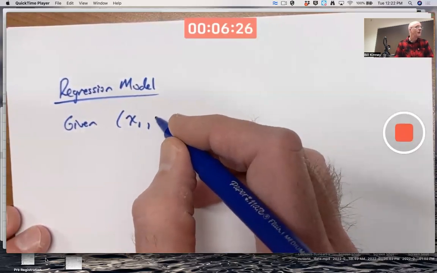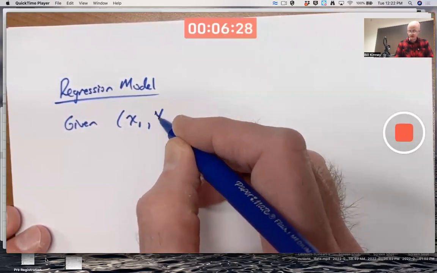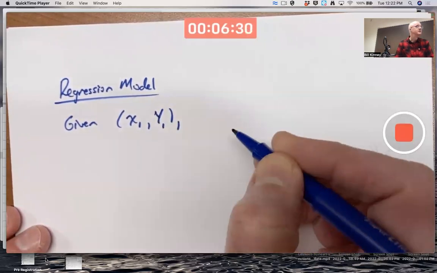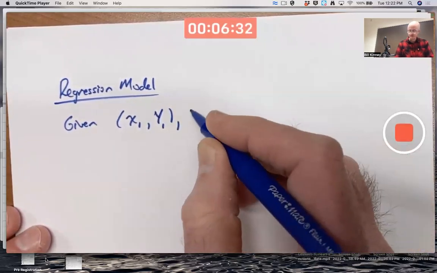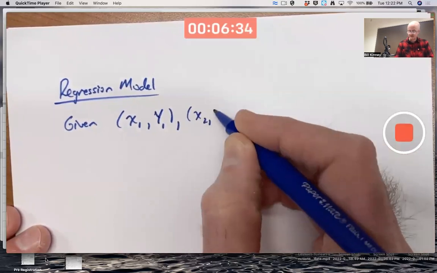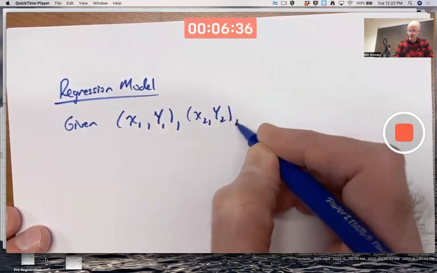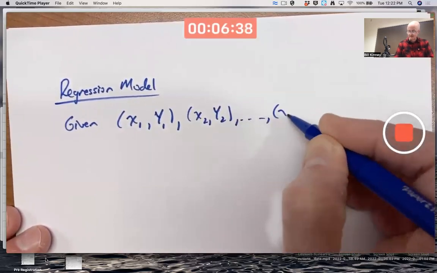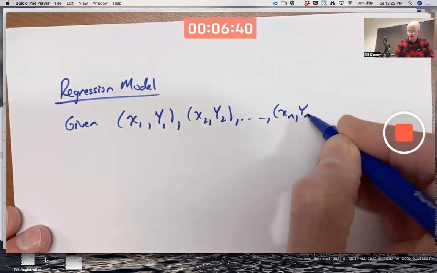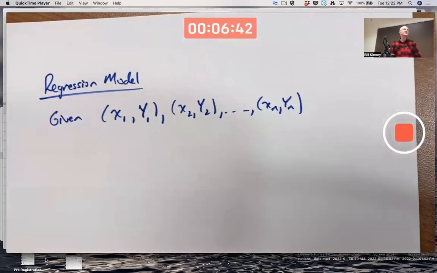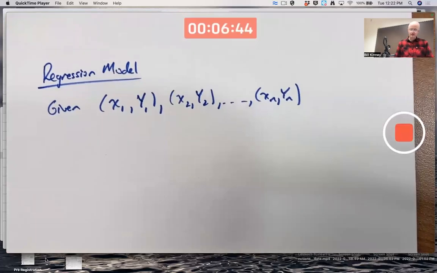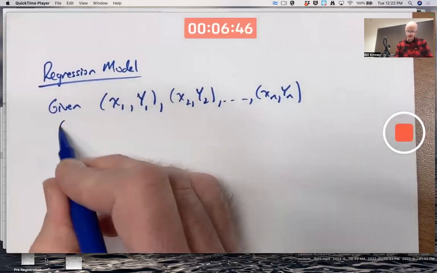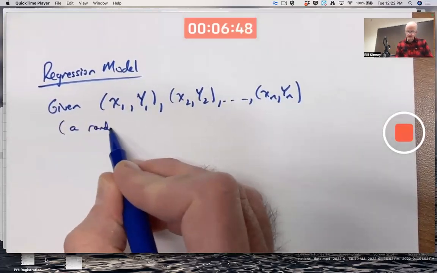And it's the corresponding y values that are the random variables, so you use uppercase letters. So lowercase for the x values, uppercase for the y values. This is the form of the random sample.